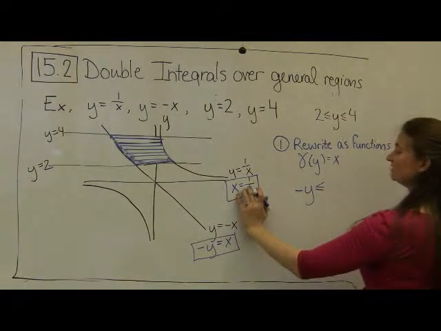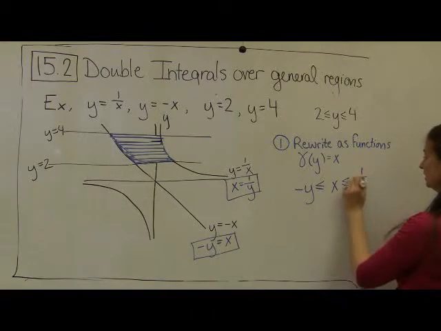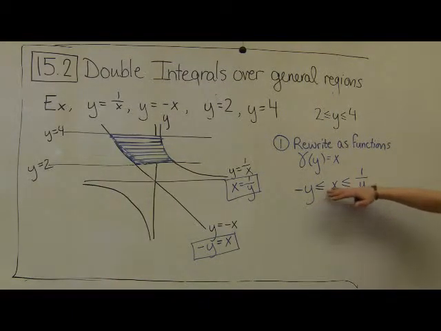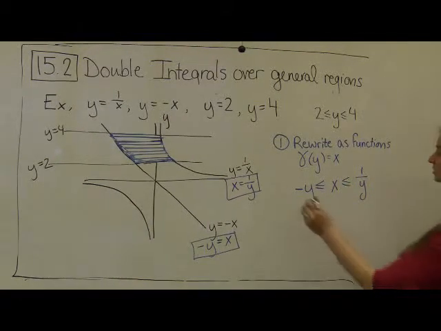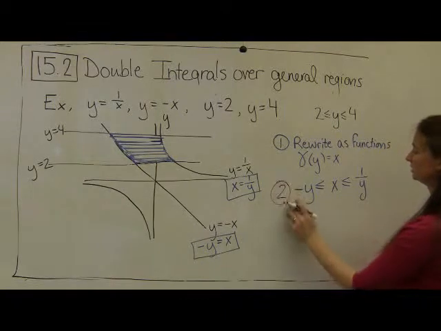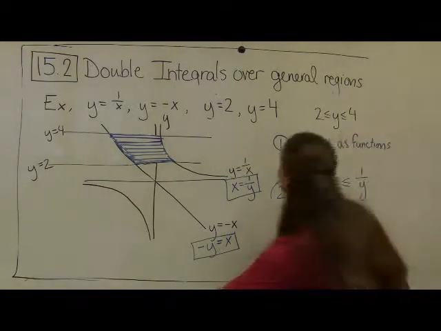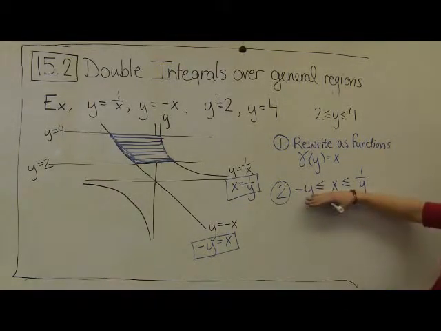And the maximum value in this case is where my x values are given by 1 over y. So step 2 was to just write this inequality. So we just found that we can represent this. Is this a type 1 or a type 2 region? It turns out this is a type 2 region.